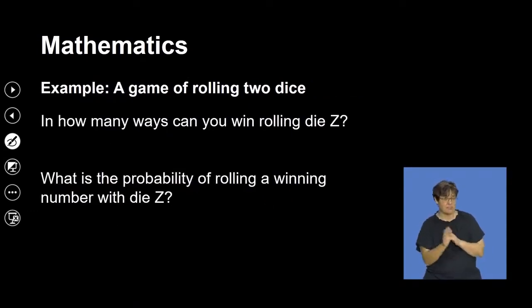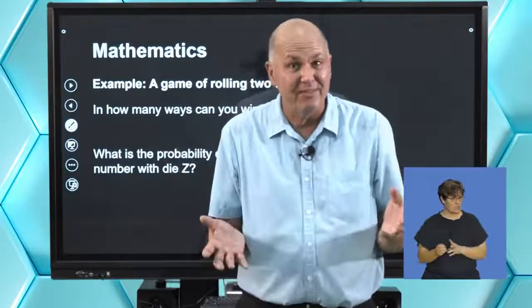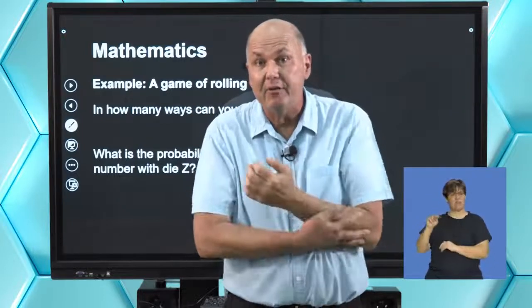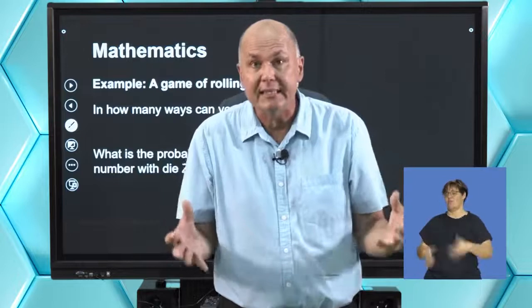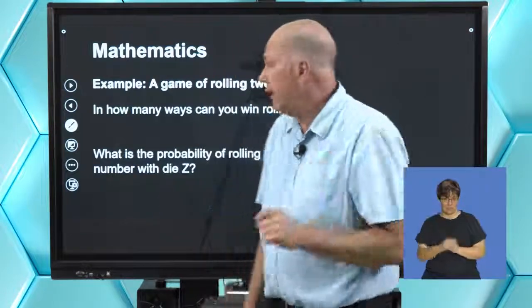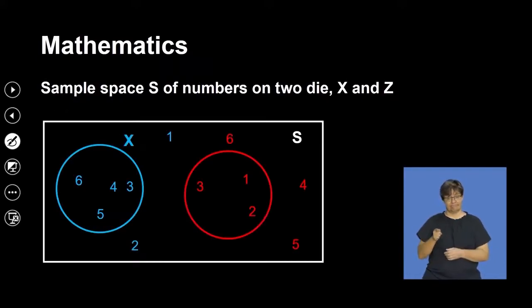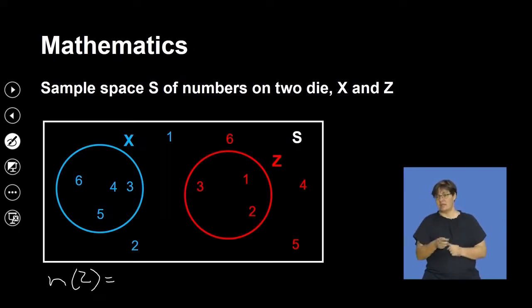And we move on and we say to ourselves, in how many ways can you win rolling dice Z? Well, that's not that difficult. And we can count it. If we look at the Venn diagram, it is very useful for us to see exactly what's happening. So count with me. If we go to our set Z, we recognize the number in Z this time is only going to be 3 values, 1, 2, and 3.